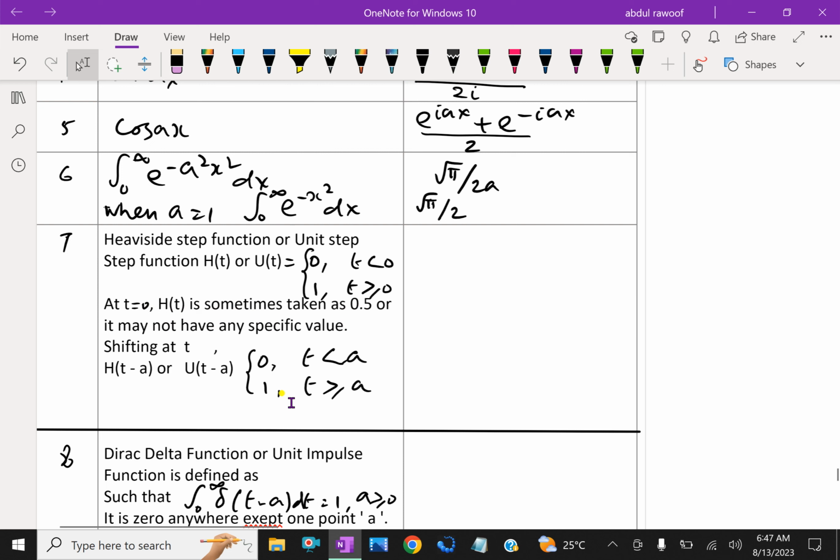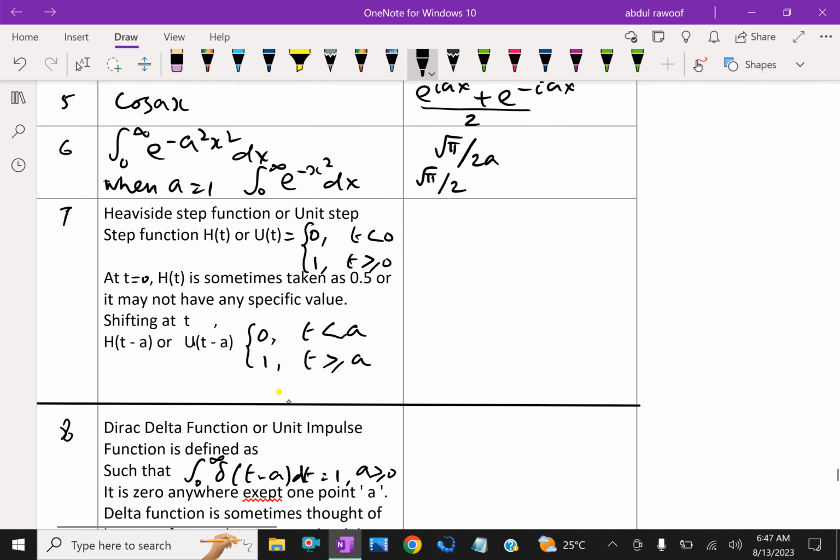Shifting to t equal to a, h of t minus a, or u of t minus a, is 0 when t is less than a and 1 when t is greater than or equal to a.